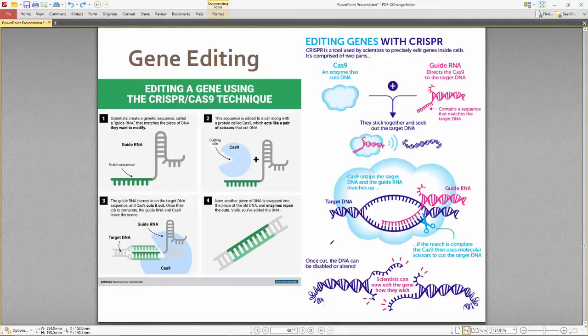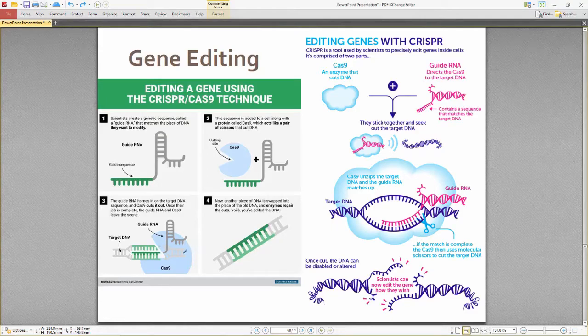Does this make sense? Any questions? I don't understand how new DNA is swapped in. DNA being swapped in is not the job of CRISPR-Cas9, so I'm assuming what they mean is they would have a separate process of adding DNA in. Yes, you're right.